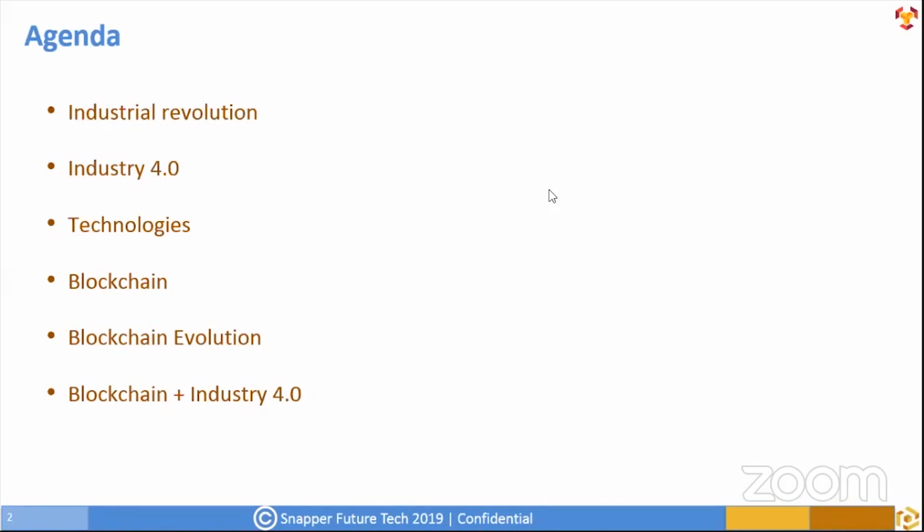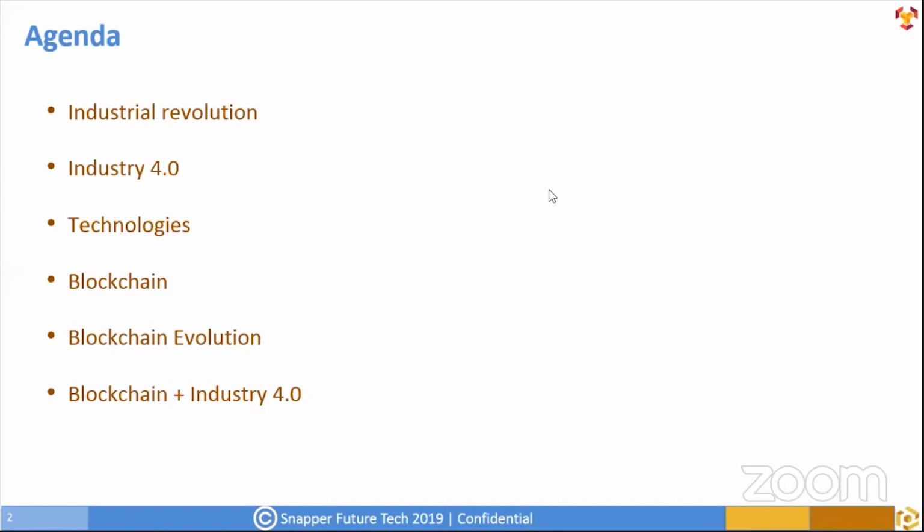In part two, we'll be seeing the different challenges that the technologies in 4.0 are facing at the moment and how blockchain can help to overcome those challenges. So basically the intent of blockchain technology in Industry 4.0 is to become a catalyst of trust building. We will see how as we go ahead.